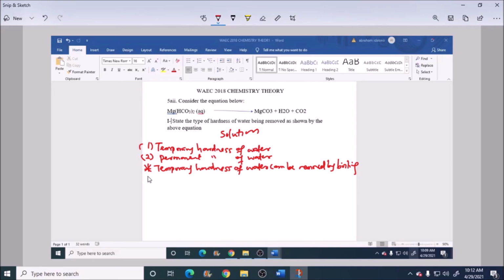Then the permanent hardness of water. But before we go into permanent, don't forget that temporary hardness of water is caused by calcium hydrogen trioxocarbonate.